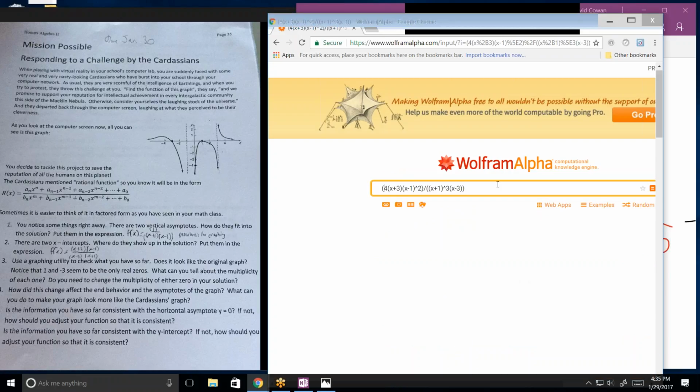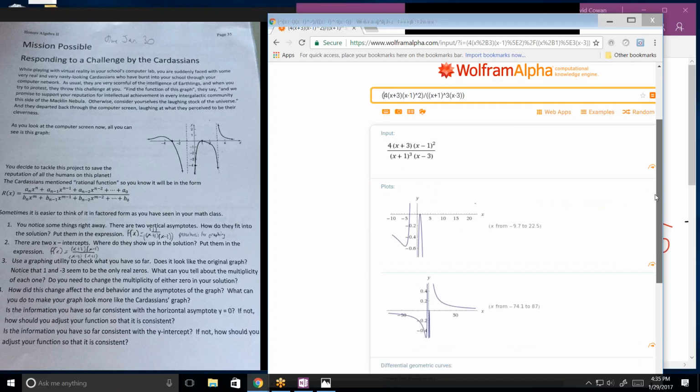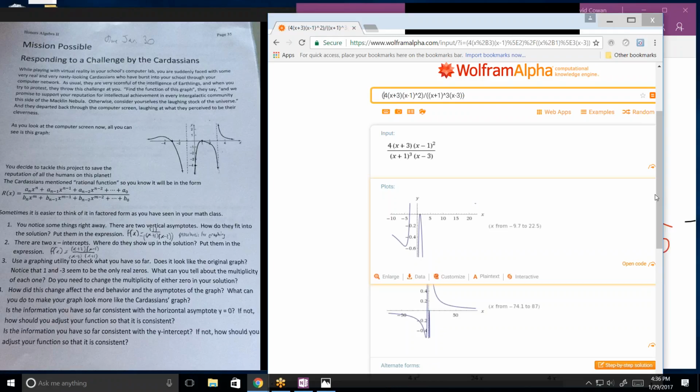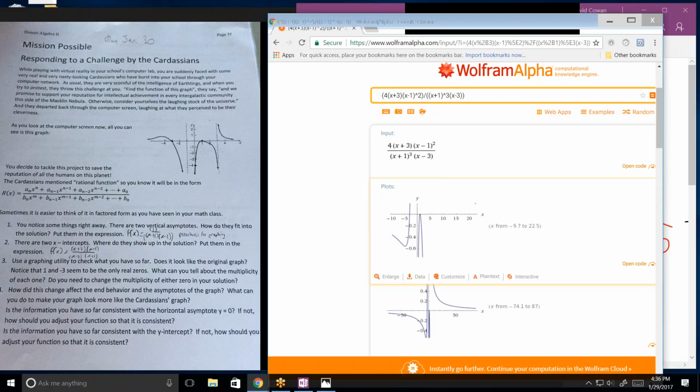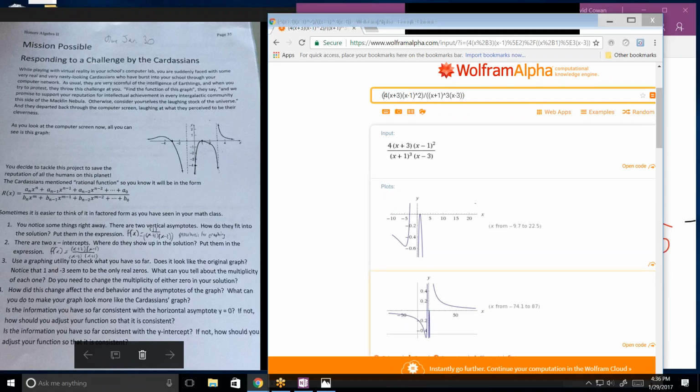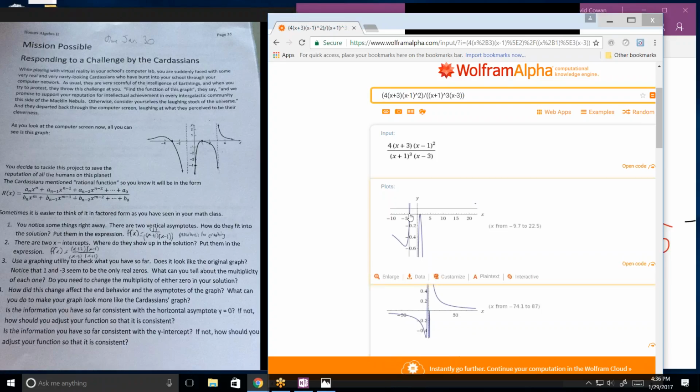It doesn't help that they graph this thing, and apparently incorrectly. They definitely graphed it incorrectly. Their top graph doesn't agree with the bottom graph. The bottom graph looks an awful lot like the graph I have, except it doesn't go through the x-axis at -3, and it does in this picture here.